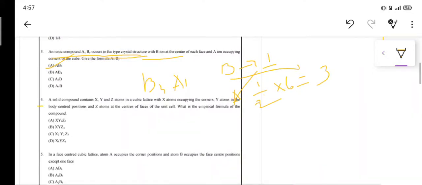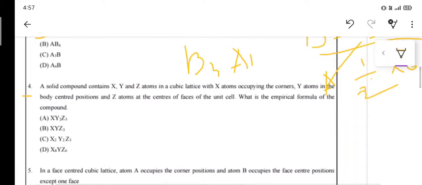A solid containing X, Y, Z atoms in a cubic lattice with X atoms occupying the corners, Y atoms in the body center and Z atoms in the centers of the faces. What will be the empirical formula of the compound?